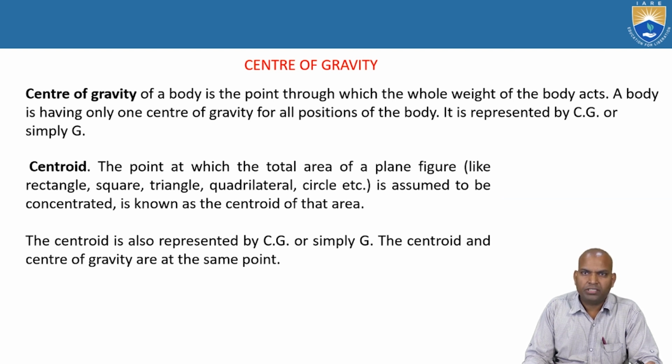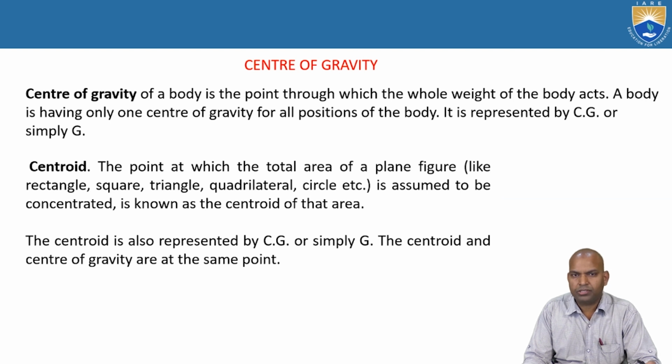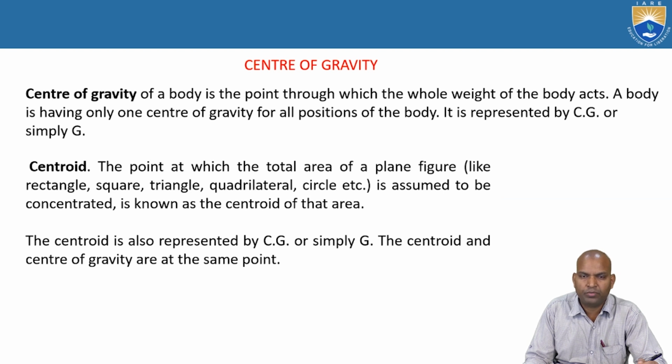Here, the center of gravity is the point of the body through which the weight of the body is passing or oriented. The centroid is related to plane figures. A plane figure doesn't have weight; what it has is area.